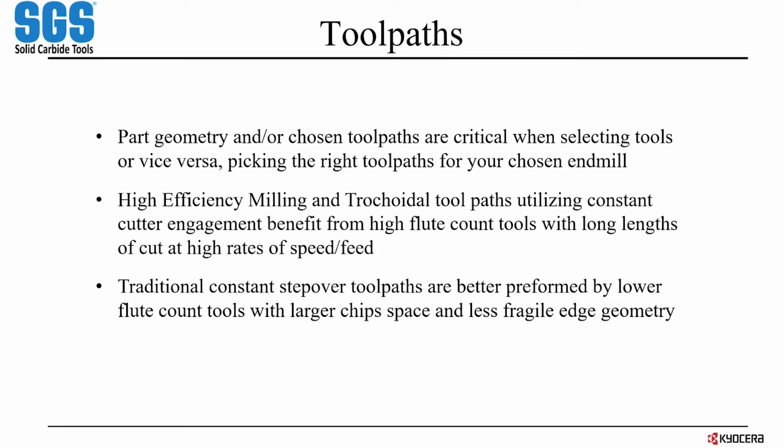But your high efficiency milling or machining, or high speed machining, dynamic mill, adaptive mill, whatever you want to call it, or trochoidal tool paths, they use constant cutter engagement. And that's really beneficial when it comes to HTAs. We've talked about the heat and the pressure generated in those cuts, and with a constant step over, where the tool is going in 70 thousandths or whatever, and it's staying there, and it goes straight in and goes straight down the tool path, you're generating heat from the moment that tool enters to the moment it exits.